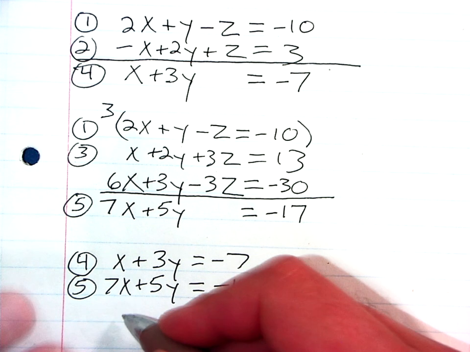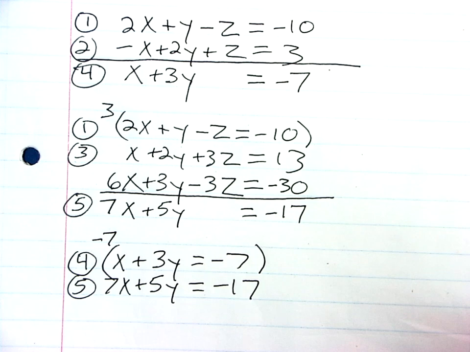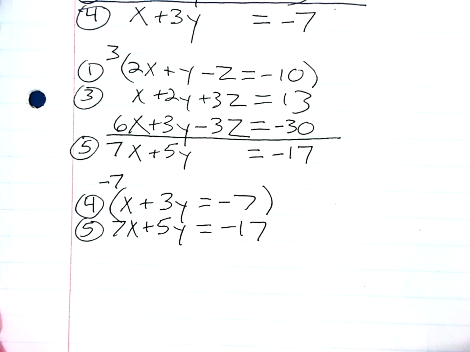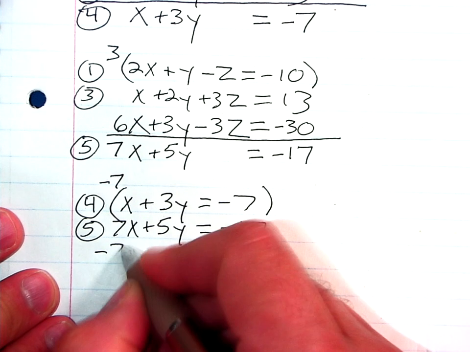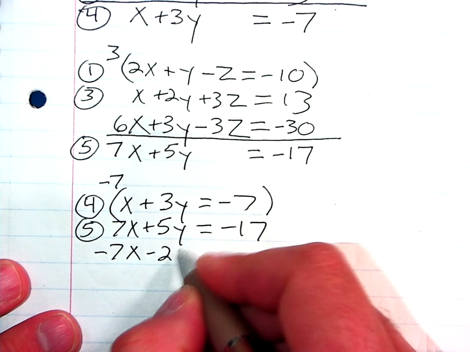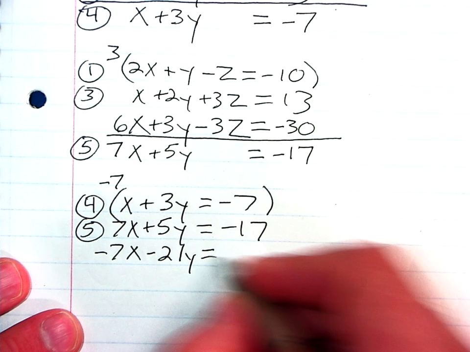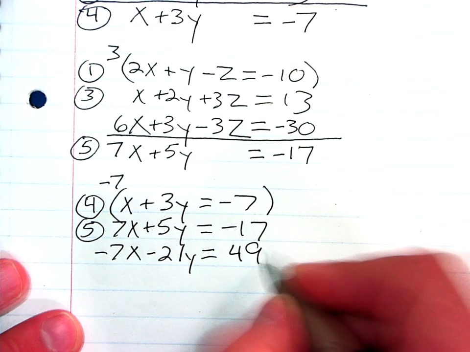To me, that's easier. So let's multiply the top one by -7. -7 times x is -7x. -7 times 3y is -21y. And -7 times -7 is +49.